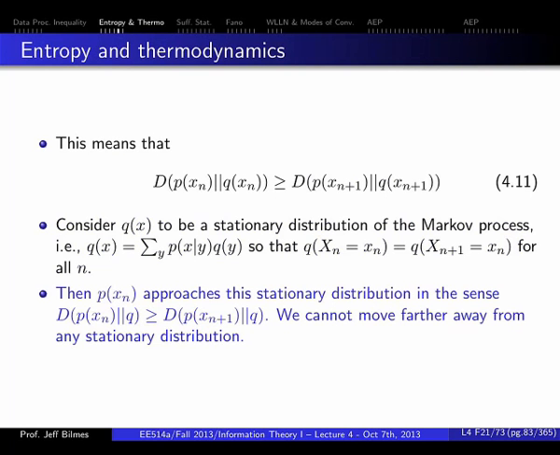And if there's only one stationary distribution, then we know that it's going to eventually hit that one stationary distribution. Q and P are the initial distributions, but they're also changing over time. P of x of n is a function of n, so it's changing with time. N is the time variable.